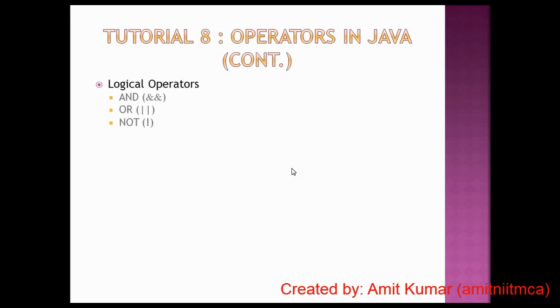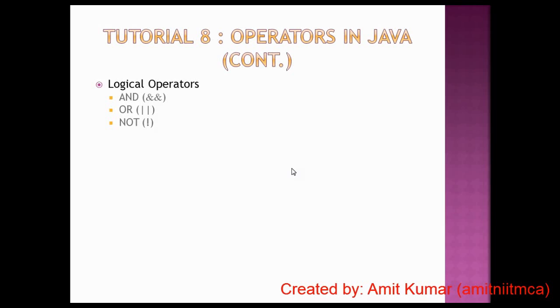The next operator to discuss is logical operator. There are three operators in the logical operator, that are AND, OR and NOT. Two of the logical operators are binary, the first two, AND and OR, and the NOT operator is a unary operator. So logical operators are used to combine relational operations.